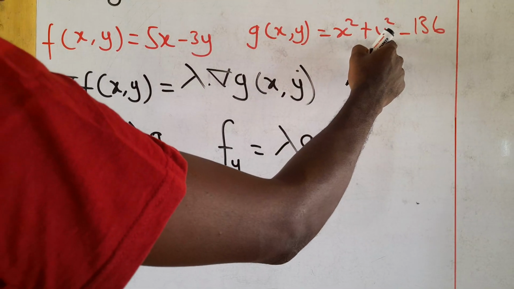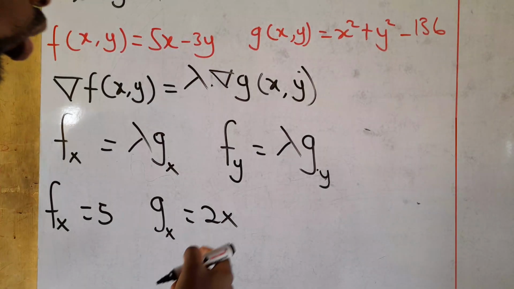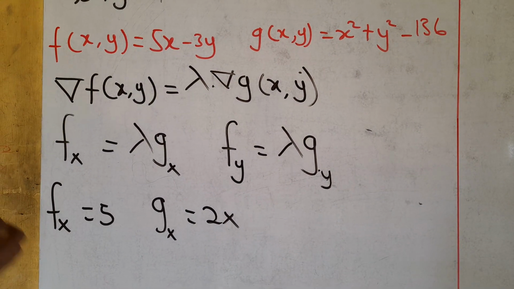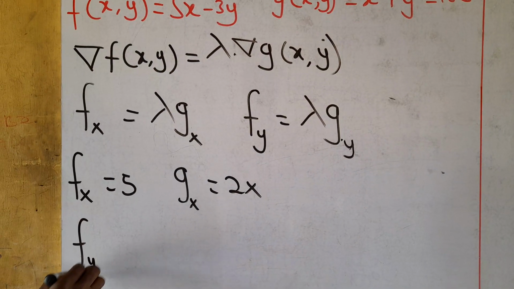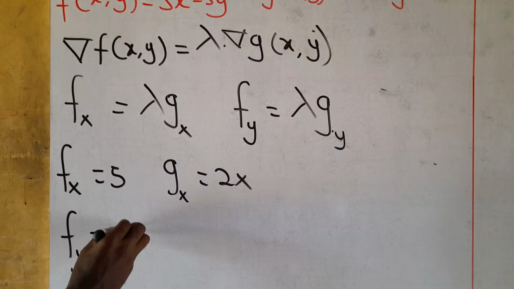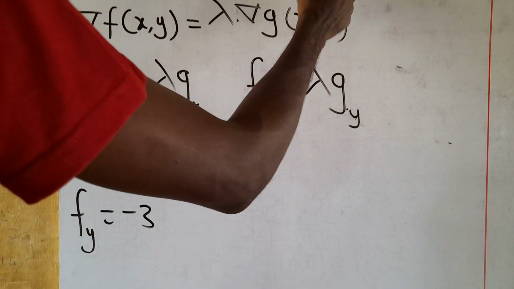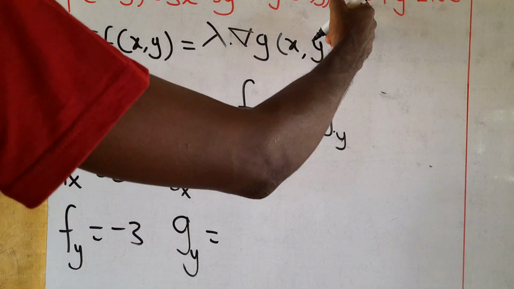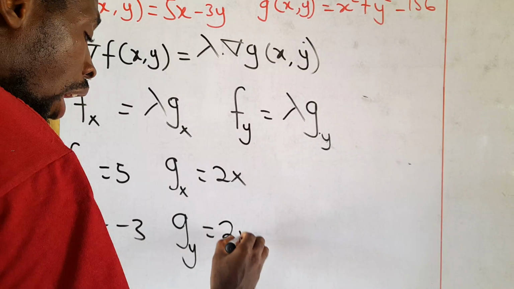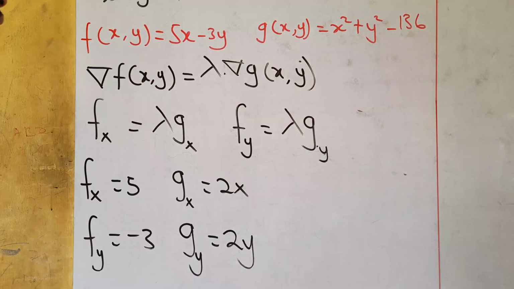Since this is constant, it will be 0. This is constant, it will also be 0. Then the partial differentiation of the function f with respect to y will be equal to negative 3. And the partial differentiation of the function g with respect to y will be equal to, this is constant 0, this will be 2y, then this is constant, it will be 0.